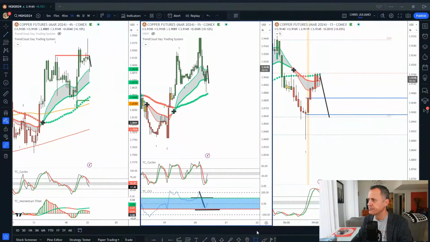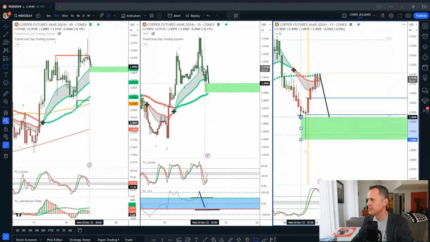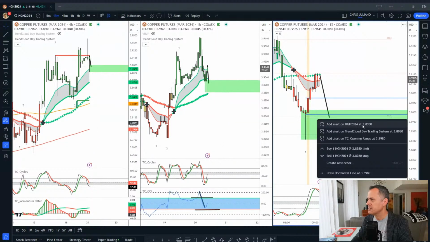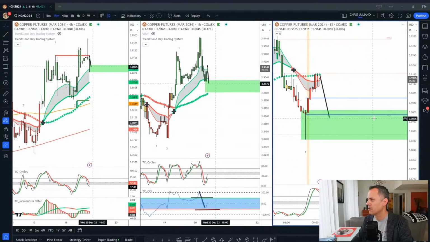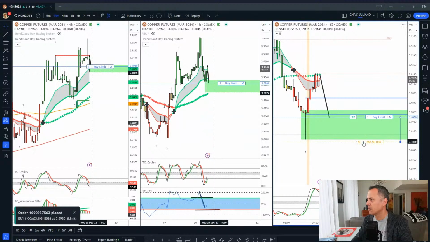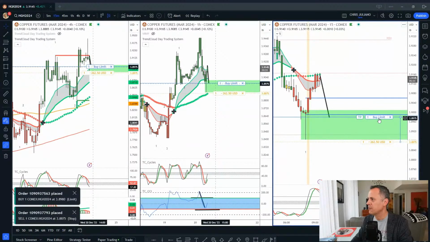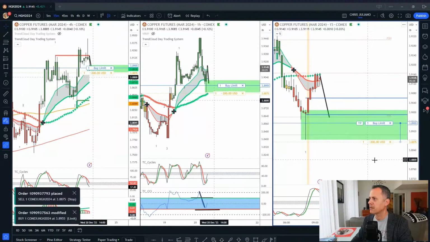We are pulling back into upward momentum here. And there is the previous day's close. Okay. There's your previous day's close. We would have to do something like that. Okay.